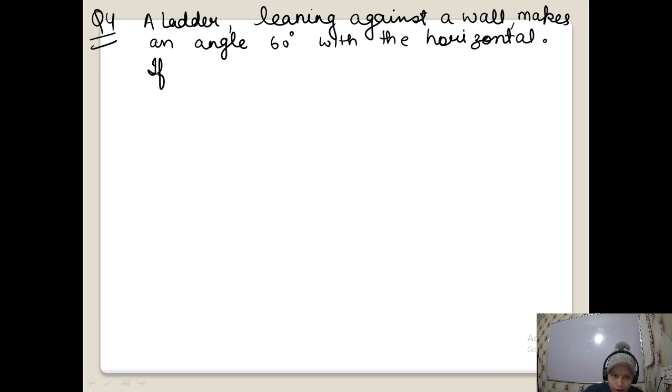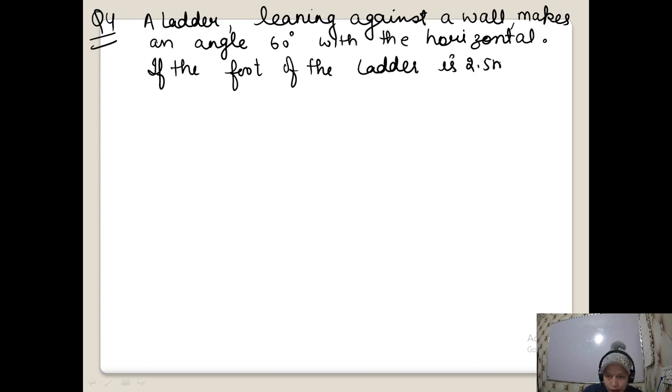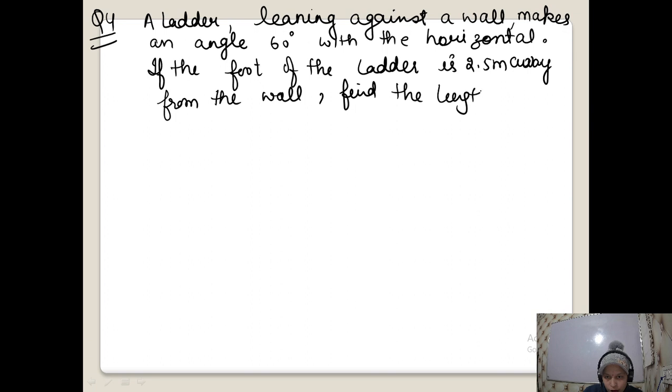If the foot of the ladder is 2.5 meter away, away means far, from the wall, find the length of the ladder. You can draw this figure we have given.